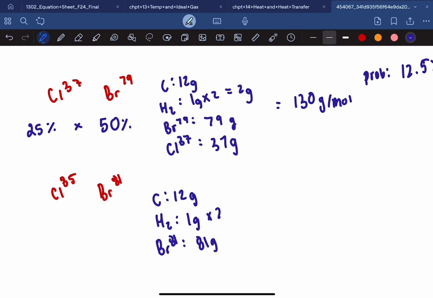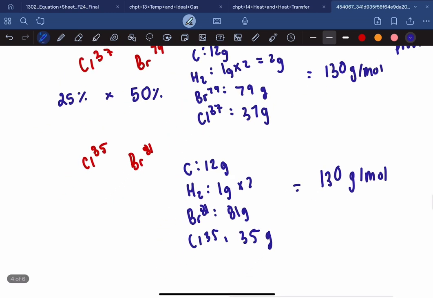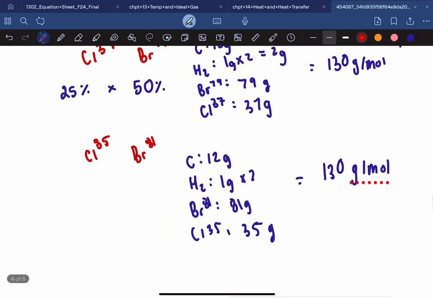And then we have chlorine at 35, and that's 35 grams. So when you add that all up, you should get 130 grams per mole. Okay. And then do the probability of these numbers again. So 35 probability is 75%. And bromine 81 is, oh, sorry, it's 50%.